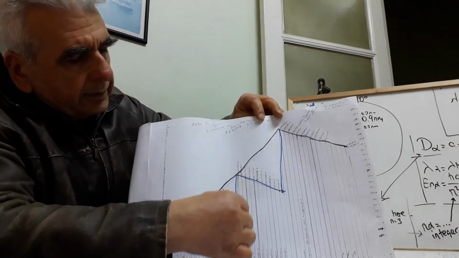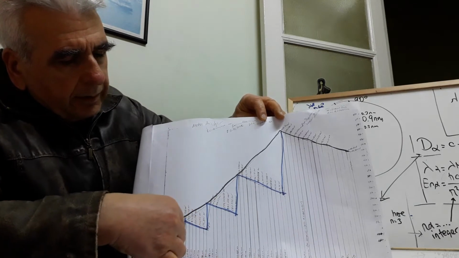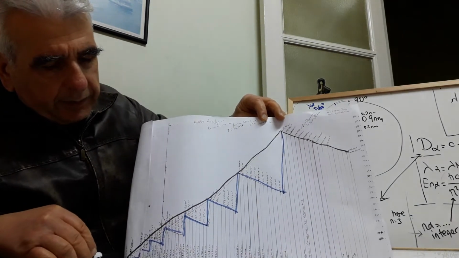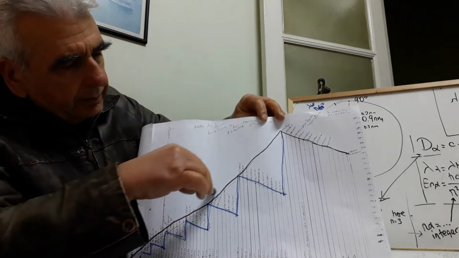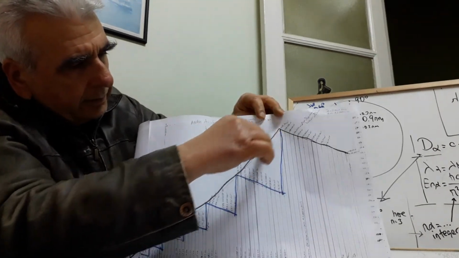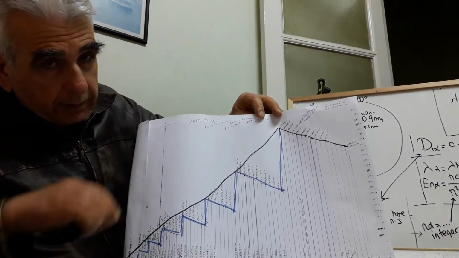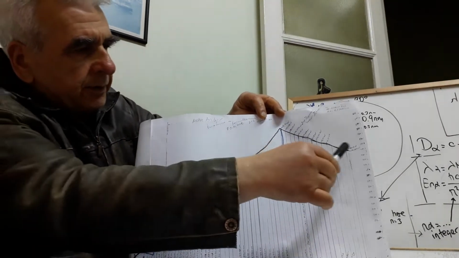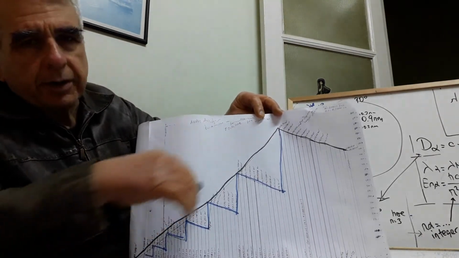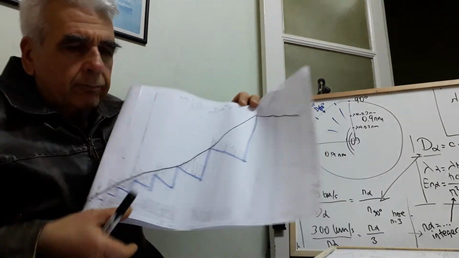The original graph is here. If we connect the upper points on this graph, this is the shape, the blackbody shape. Okay.